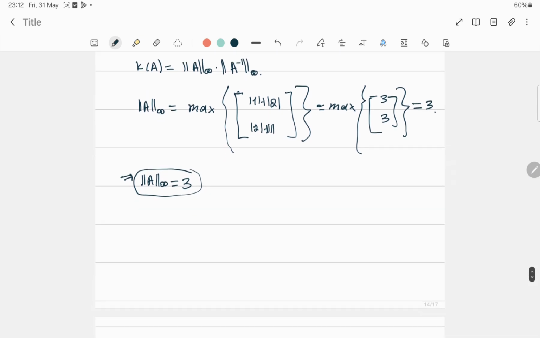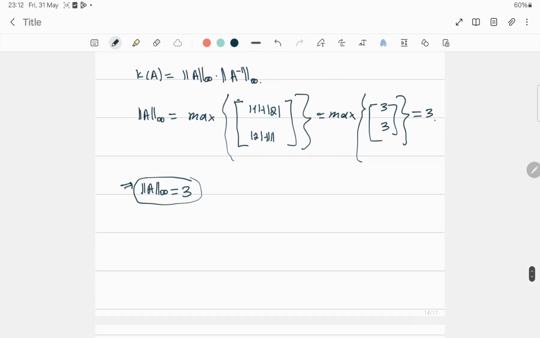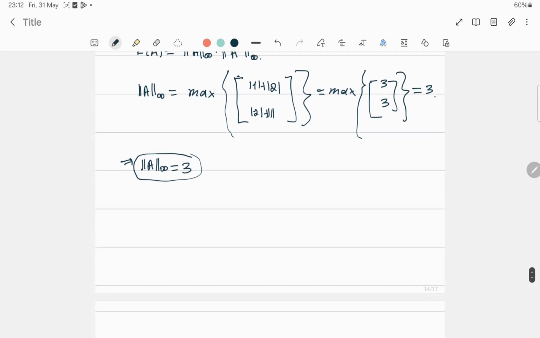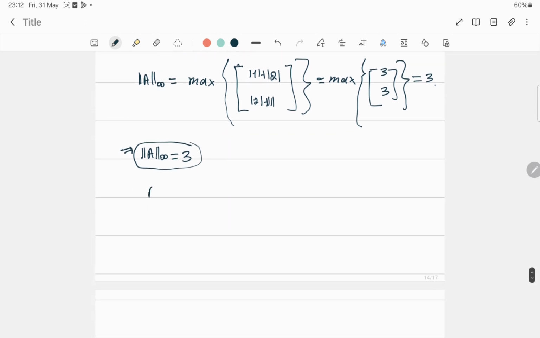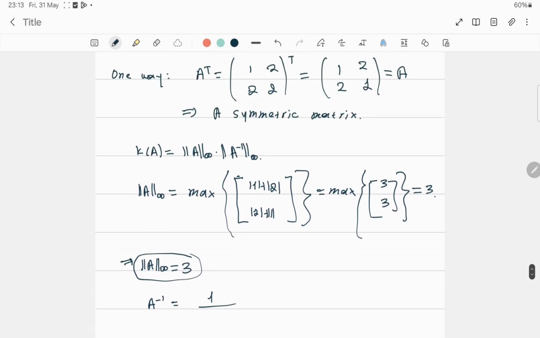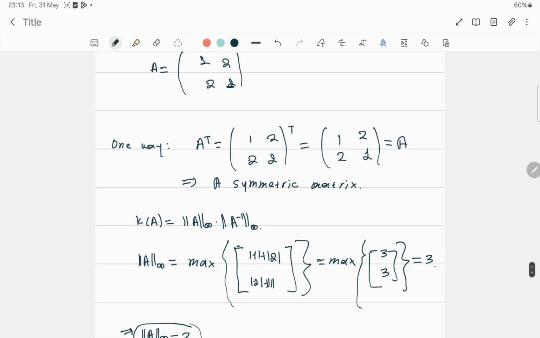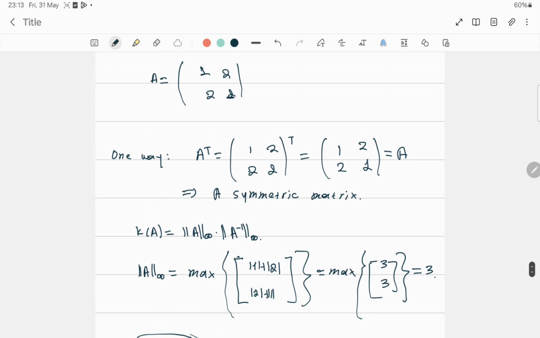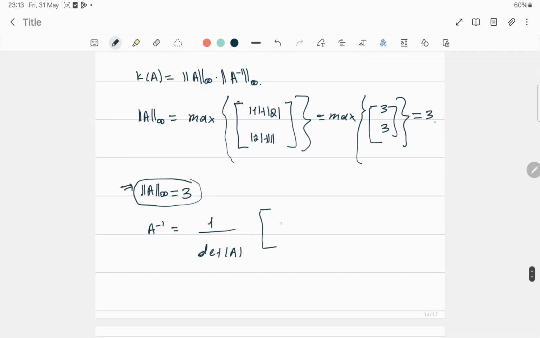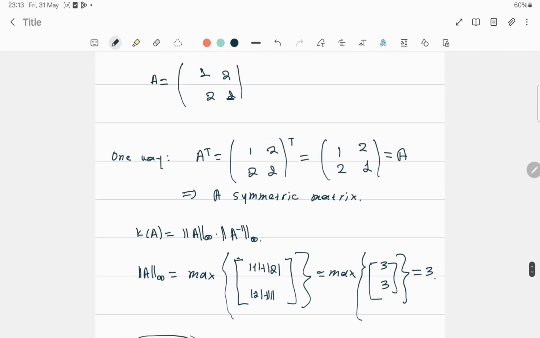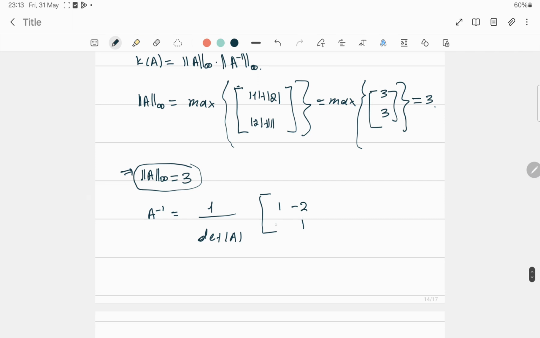What we also need to find is the inverse matrix and then the infinity norm. So how do we find the inverse matrix? 1 over the determinant of the matrix A, and then we flip these elements on the main diagonal, and here we put a minus on this bit here, minus 2, minus 2.